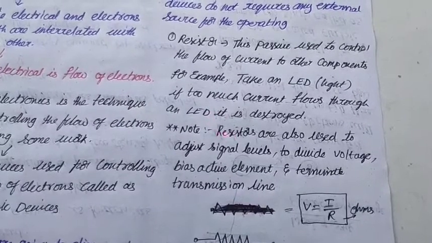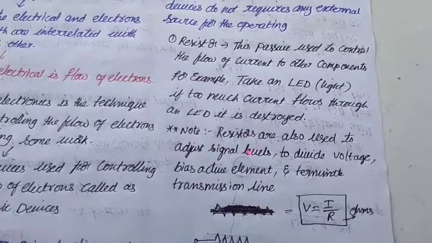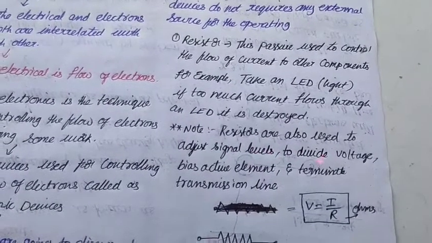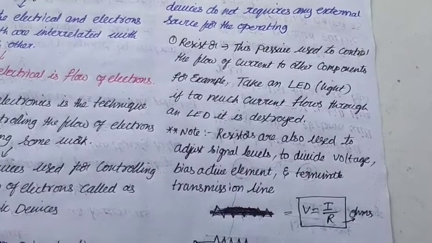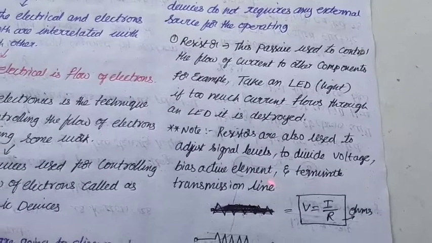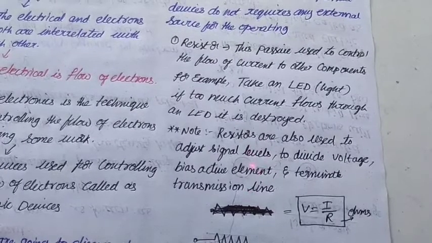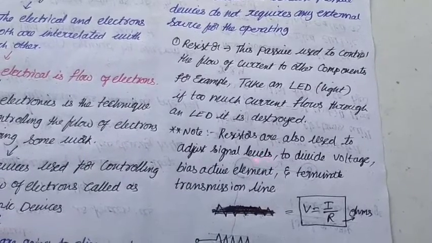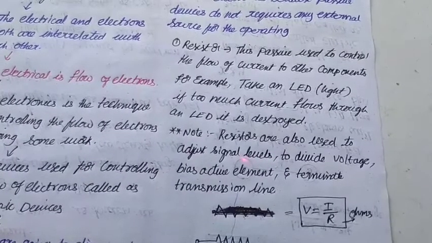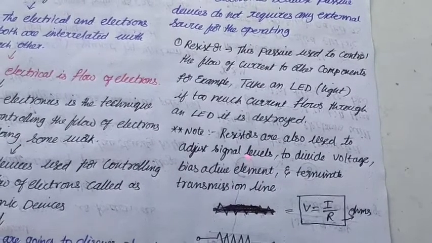Okay. Note, students, resistors are also used to adjust signal levels, to divide voltage, to bias active elements, and to terminate transmission lines. We always remember only that it opposes the flow of current. When we go on to further subjects, we will see why the resistor is used to adjust signals, which we have not read before.